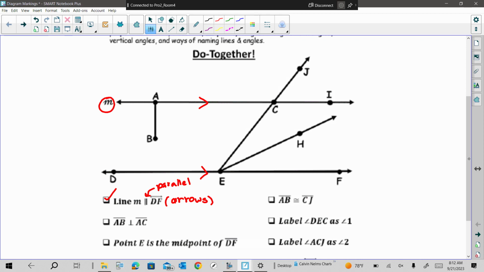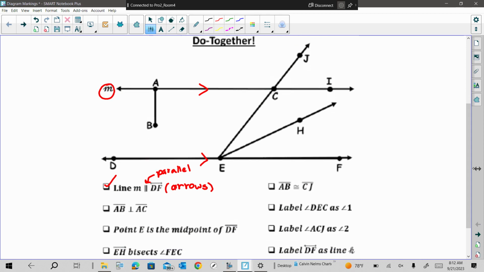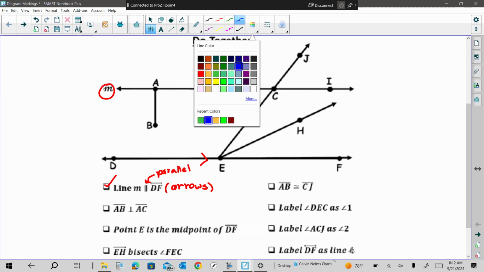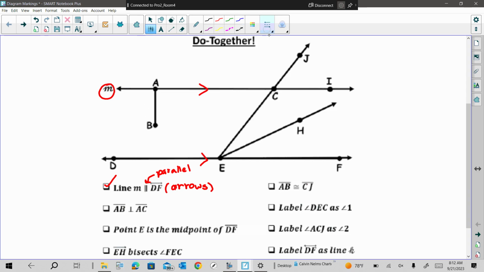Okay, so now I'm going to go blue for my next one. Pick a color. Do y'all remember what this upside down T means? Yeah, okay. All right, perpendicular, very good. Okay, if I have perpendicular, you mark it with a box. So we have to put a box on those perpendicular lines.